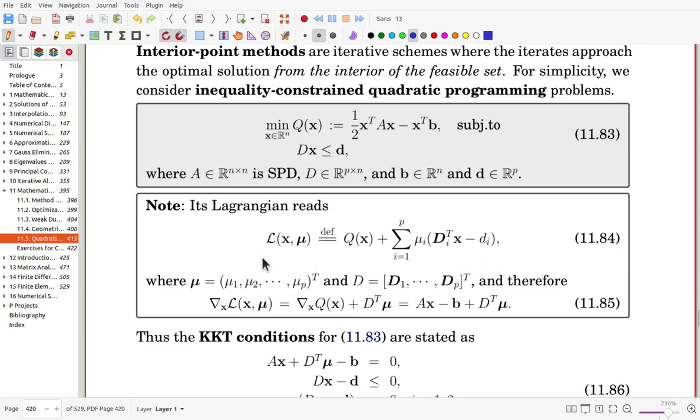So this whole thing is the Lagrangian. Of course, these Lagrange multipliers must be non-negative.